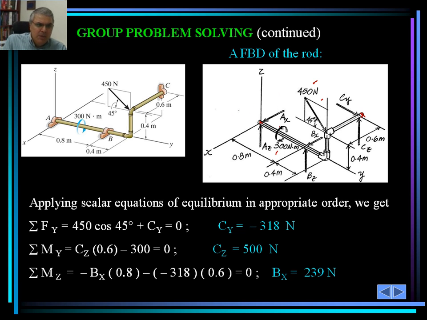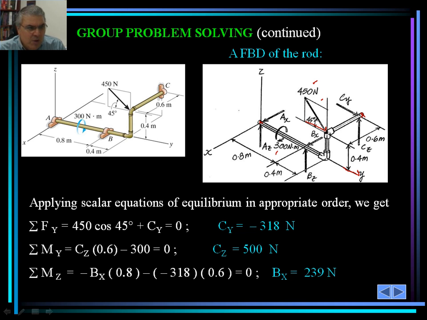In the y direction, let's examine what kind of forces we have. The y direction is actually in this direction that I'm marking with red. This is the y direction. In that direction, we are going to have the y component of the 450 Newton force, right?